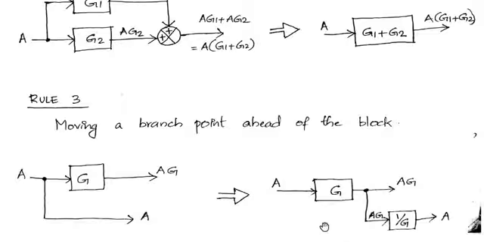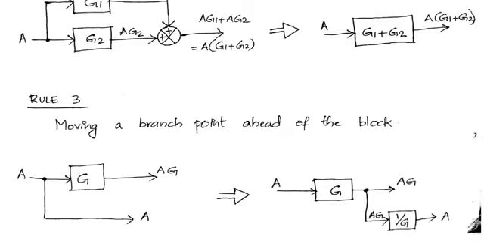To get signal A from AG, the signal AG should pass through a block with the gain 1 by G. So AG gets multiplied with 1 by G, G will get cancelled, and the signal we ultimately get will be A itself.